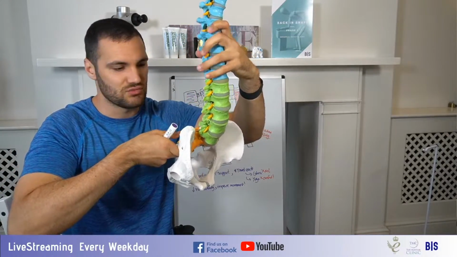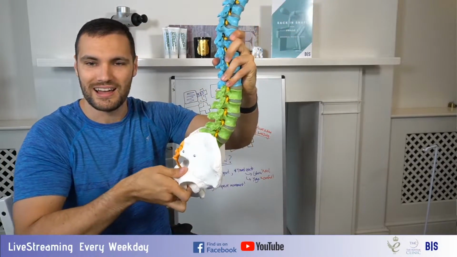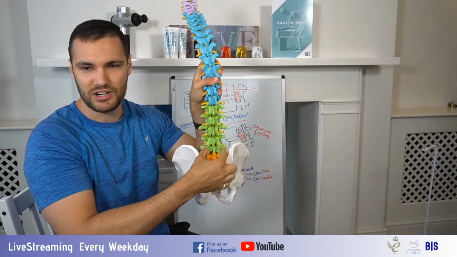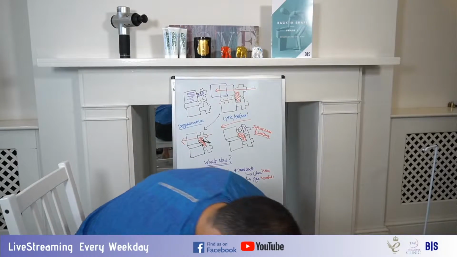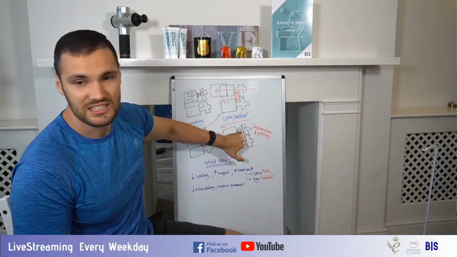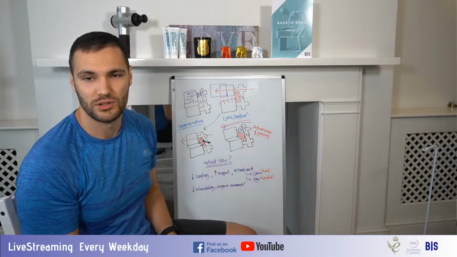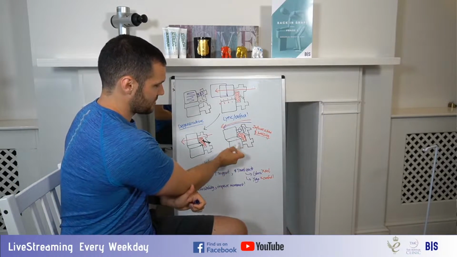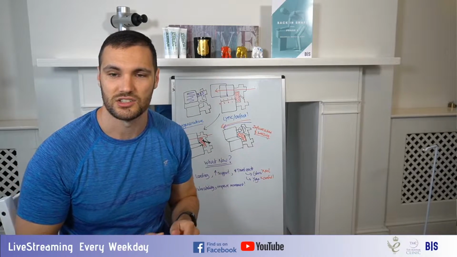You can see how gravity is really creating a lot of shearing, driving this down through there to create a lot of pressure on these little facet joints here, as we mentioned. And if there is a weak point at this point here, it's going to allow it to shear forwards, and that is when this sort of thing starts to happen, and we get that spondylolisthesis starting to occur.